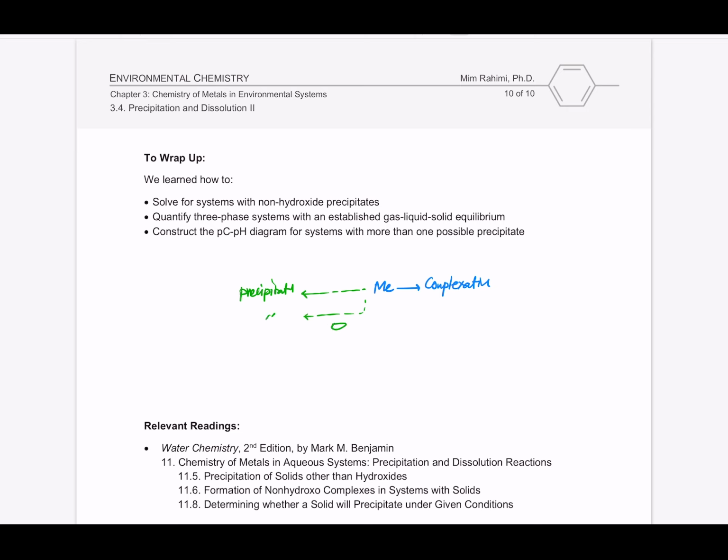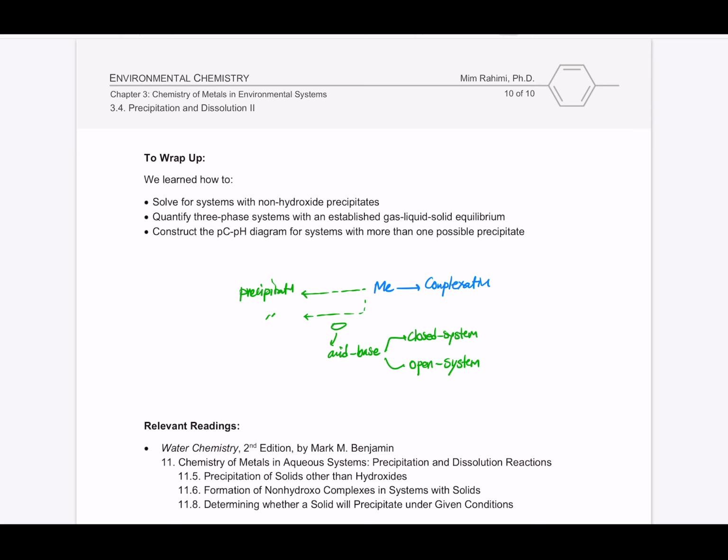And then we mentioned that this precipitation agent could be a part of acid base, which could be a closed system or an open system. And the corresponding pC-pH diagram, we talked about that.